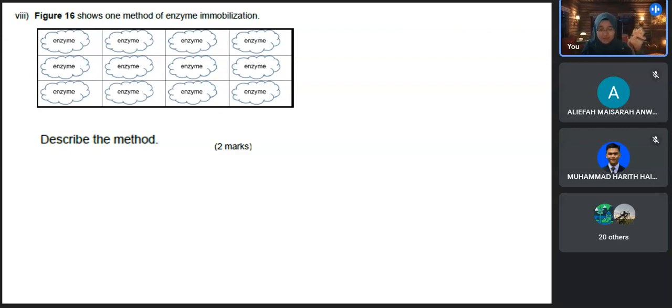Because the enzyme is trapped, enzyme is not chemically bound to the container. Polymer includes alginate and also silica gel. So describe sikit lah pasal entrapment tu.